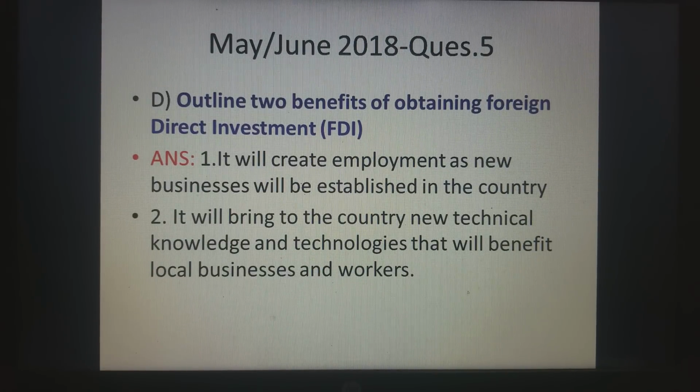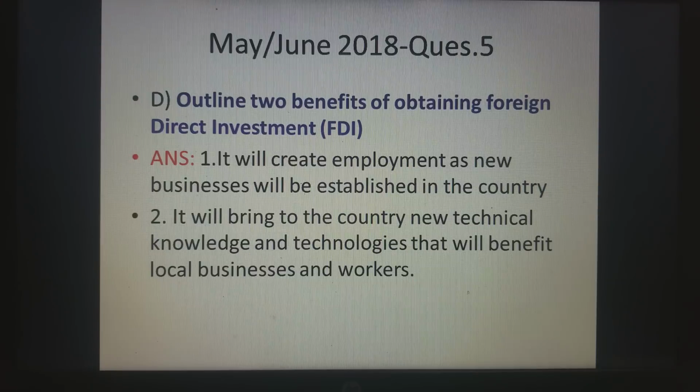Second benefit is that it will bring to the country new technical knowledge and technologies that will benefit the local business and workers. So we're saying, because these companies now are coming perhaps from a first world country, yes, they have access to new technological methods and efficient and modern methods of production or carrying out business activities.